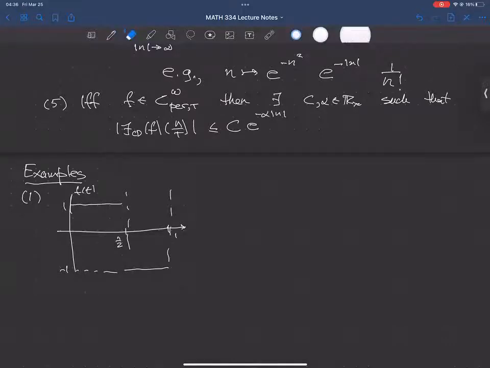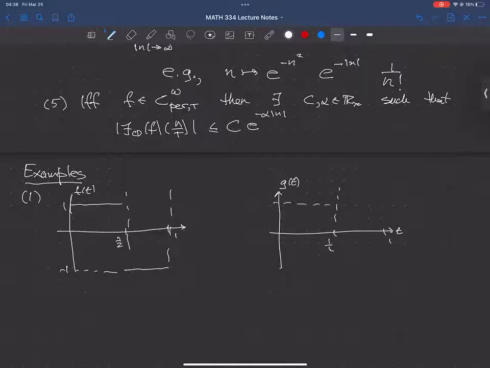Then I had g. Again, it was 1 periodic. It was defined by increasing with slope 1 from 0 to a half on the interval 0, a half, and then it decreased with slope -1 from t equals a half to t equals 1.